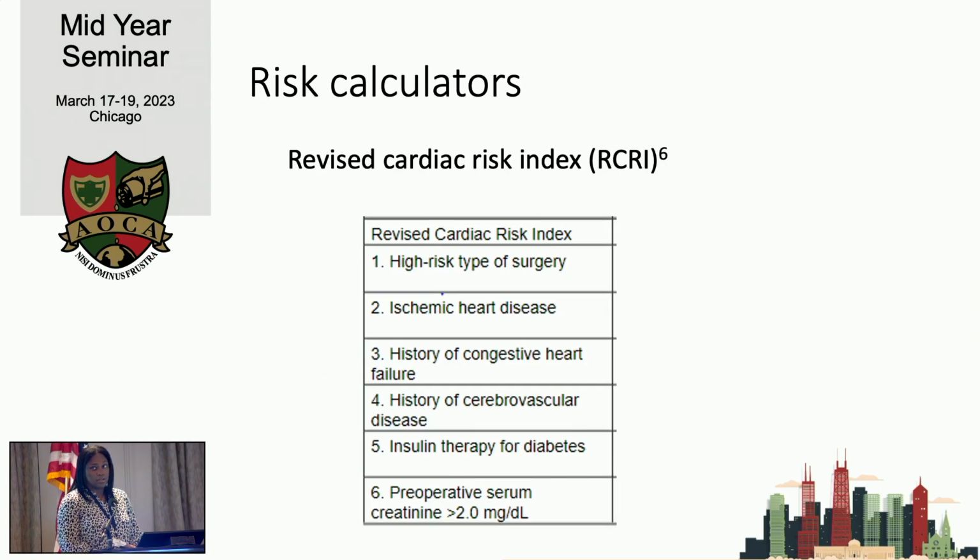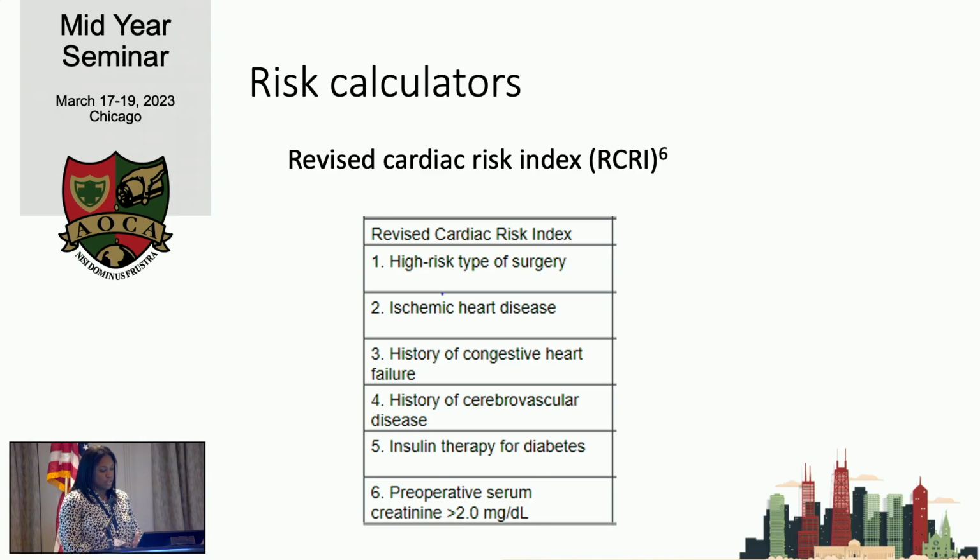There are some risk calculators that are available, like the Revised Cardiac Risk Index, which I heard a lot about during my general anesthesia training. It's used for stable patients undergoing non-urgent major non-cardiac surgery, and it helps identify patients that are at high risk for 30-day mortality, including death, myocardial infarction, or cardiac arrest.